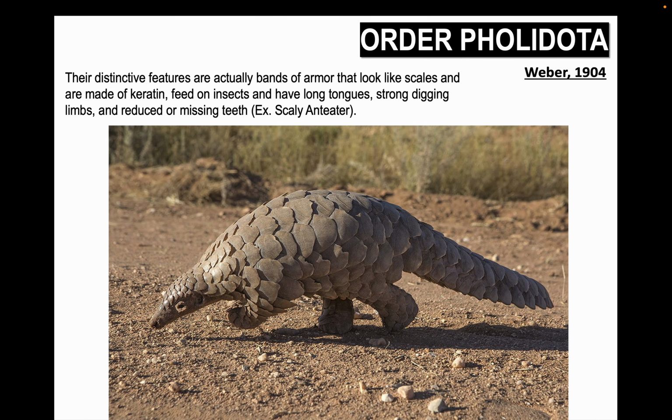Then we have order Pholidota with the distinctive feature of bands of armor that look like scales made of keratin. They are primarily feeding on insects as well. They have very, very long tongues, able to dig as the limbs are also very strong. And their teeth are either reduced or missing.